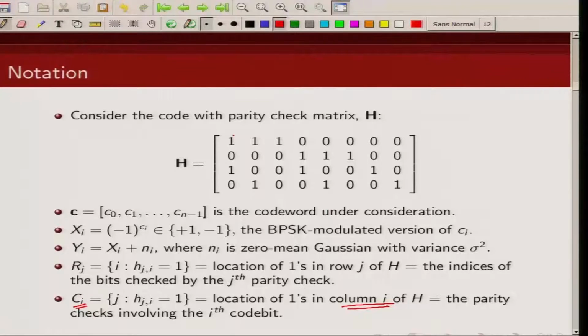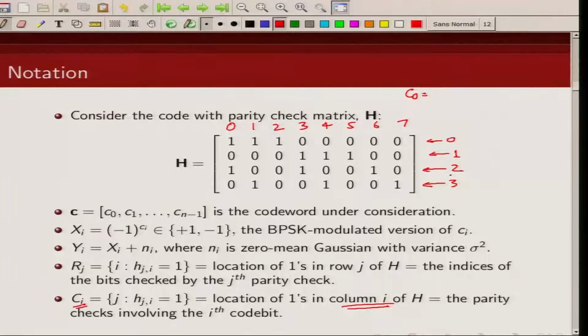Let us look at C0. The columns are 0, 1, 2, 3, 4, 5, 6, 7, and the rows are 0, 1, 2 and 3.